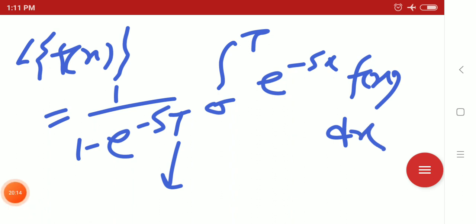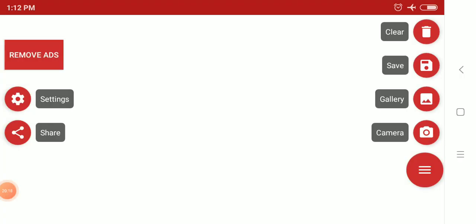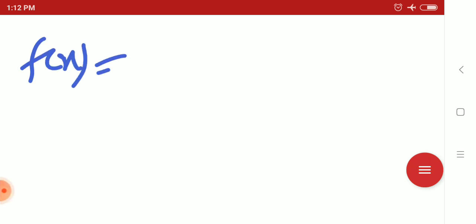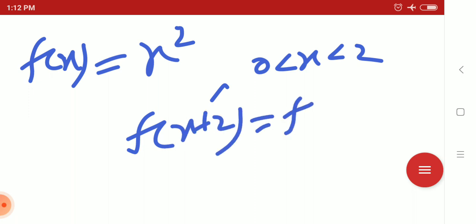Let's take an example of this periodic function. Suppose we have a function f of x equals x square within the range 0 less than x less than 2, and suppose f of x plus 2 equals f of x.